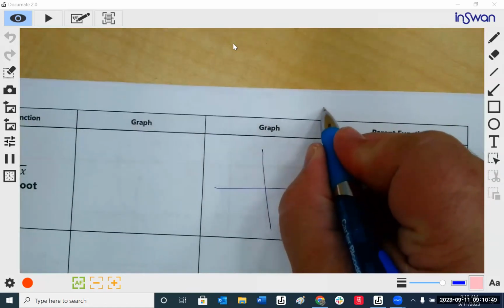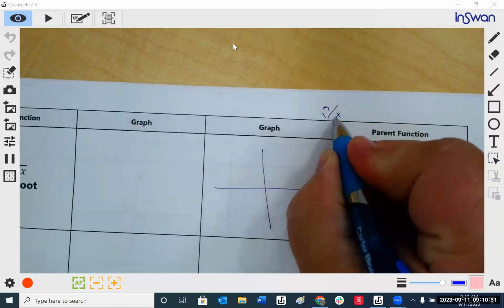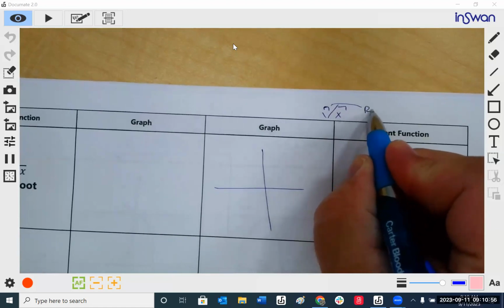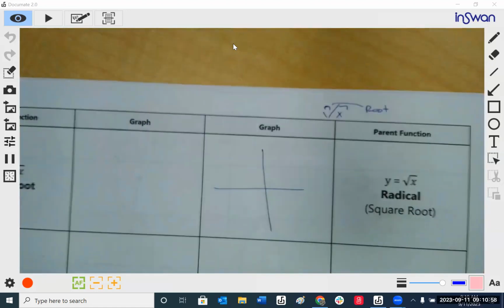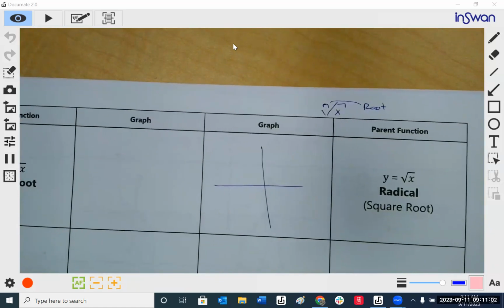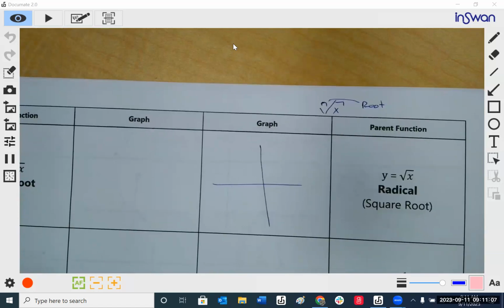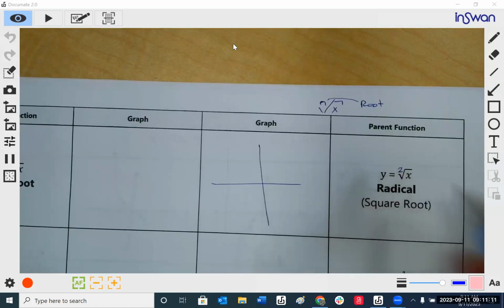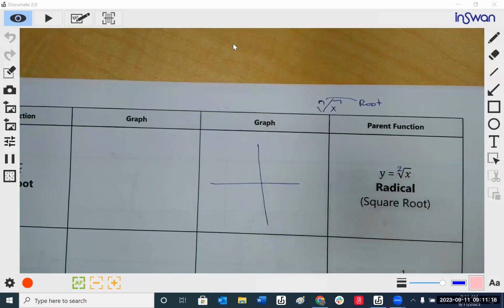An nth root looks like this, where that number right there is called the root. The reason we call it square root is because there's an invisible 2 right there. What that 2 tells us is you have to have 2 of the same number to take it out of that radical.